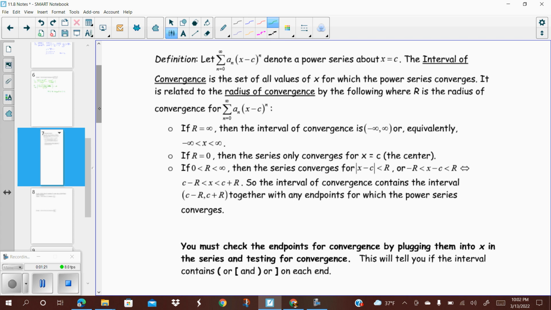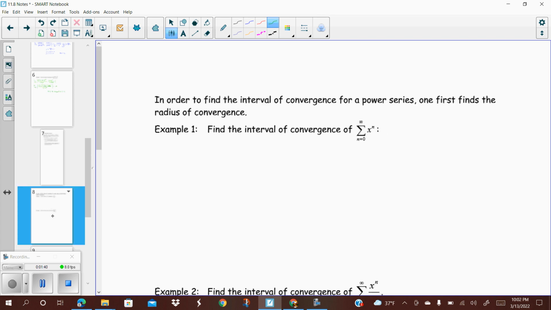And that's where all the prior series testing stuff that we did in the beginning of this chapter is going to come into play, because we're going to have to utilize those things to figure out what's happening at the endpoints. All right, let's jump into a couple of examples, and hopefully this will just make sense as we go. But if not, you can go back and watch it again, slow it down, whatever you need to. But really, you're going to be using all the prior series testing stuff that we've done.